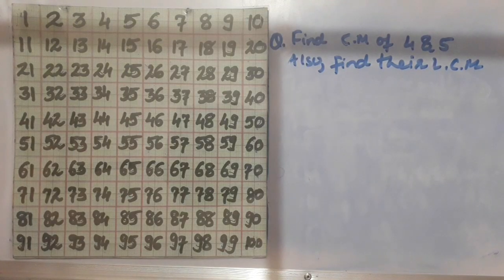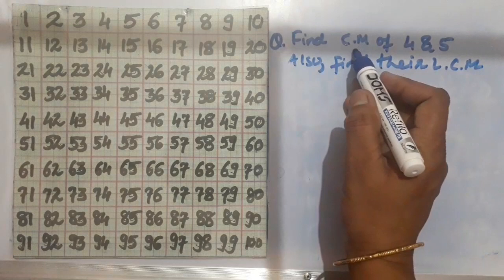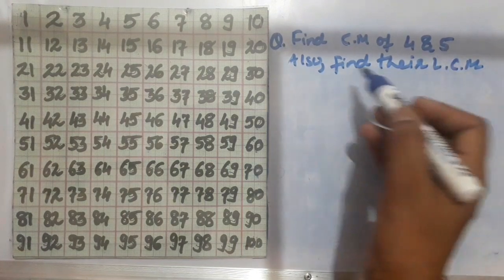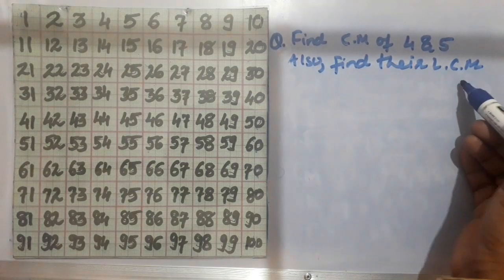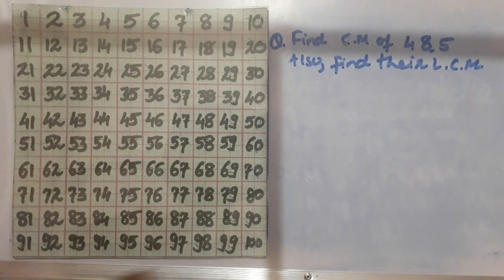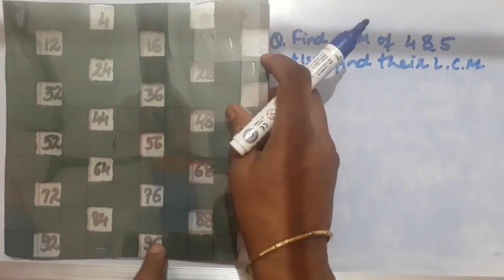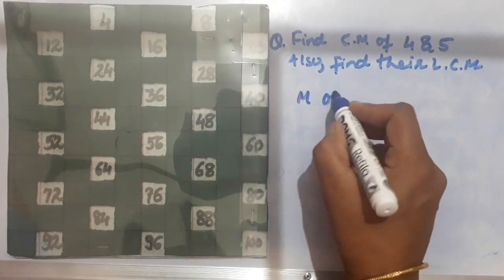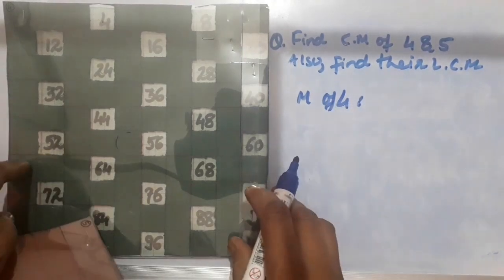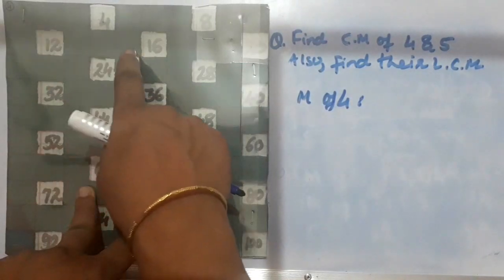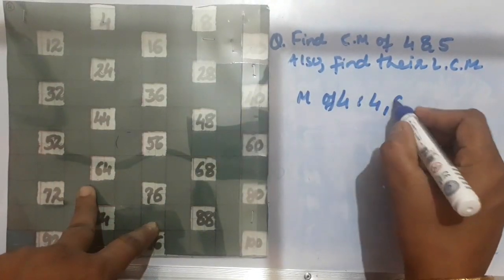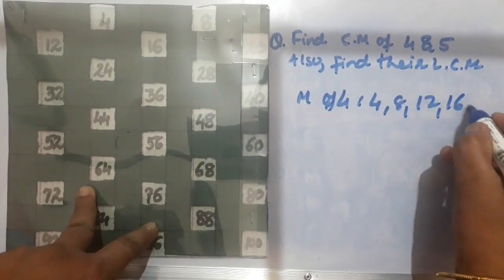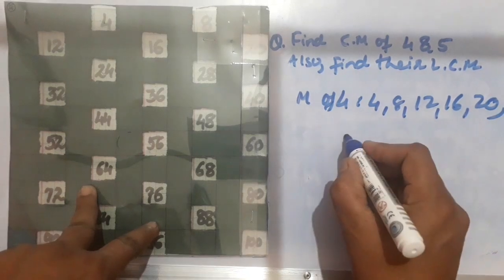Now read the next question. Find common multiples of 4 and 5. Also find their LCM. So now I will find out first of all which are the multiples of 4. So here you can read out the numbers as 4, 8, 12, 16, 20 and so on.